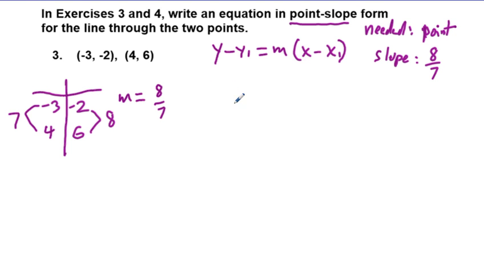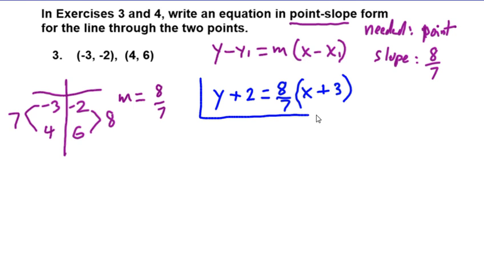So we'll just use this formula here. We'll say y minus y sub 1, so minus -2, so that'll be y plus 2 equals 8/7, which is m, times x minus -3, which is going to be x plus 3. So that is it in point slope form.